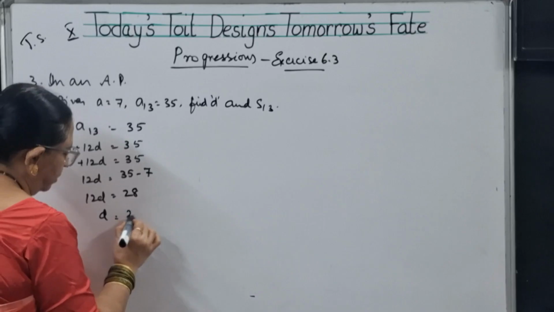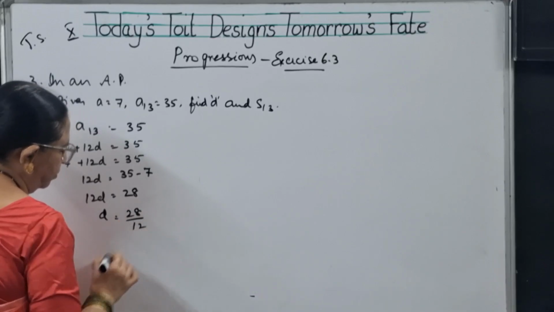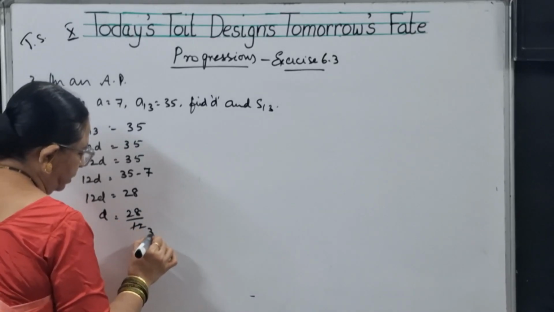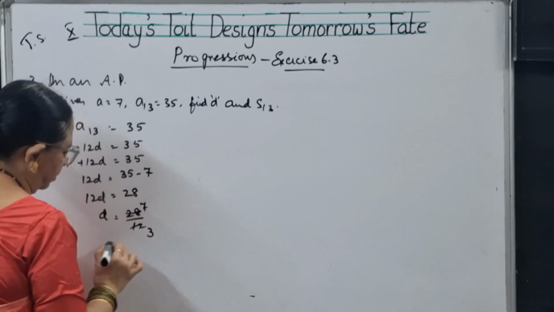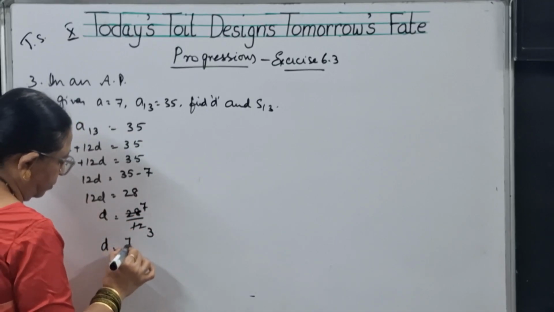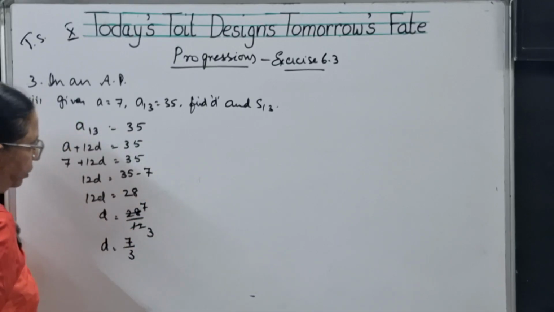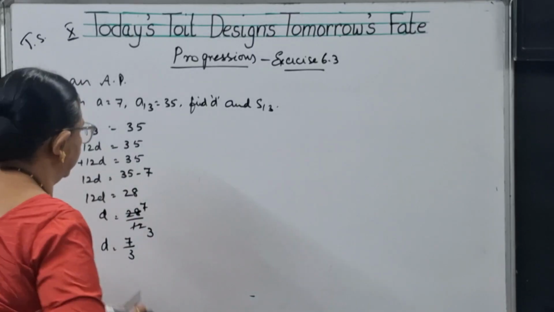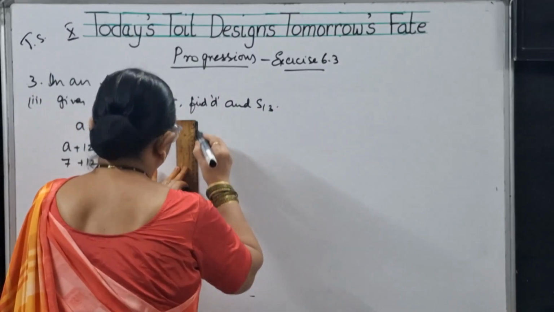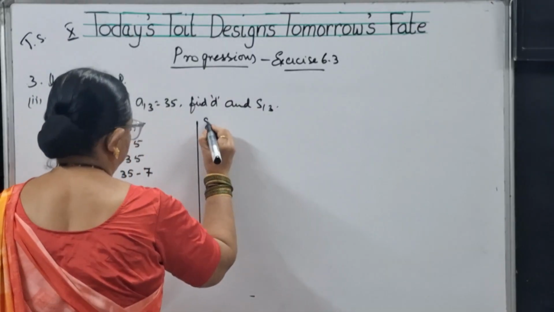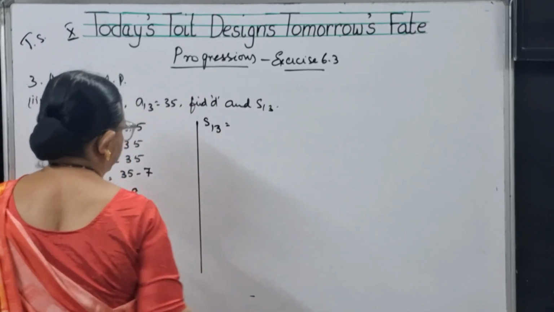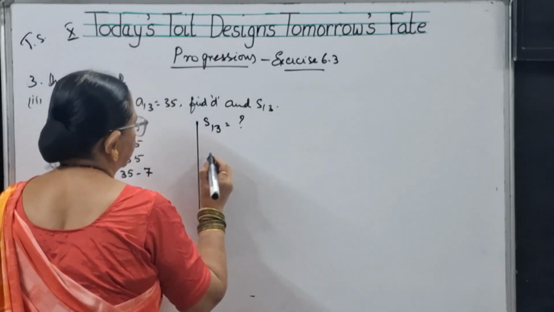What is d? 28 by 12. So d is equal to 7 by 3 we got. Now after getting d, the next part is we need to find out S13. S13 is how much is the question.